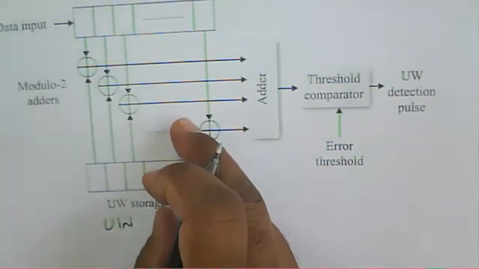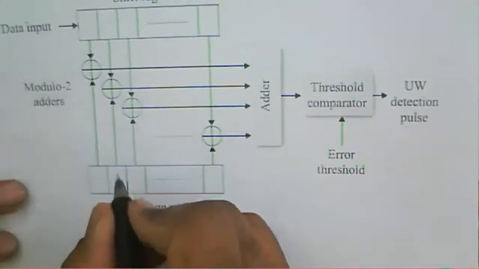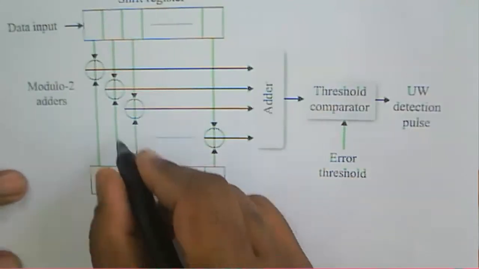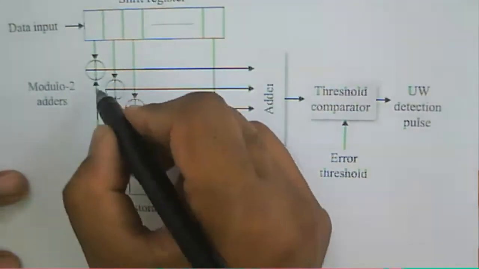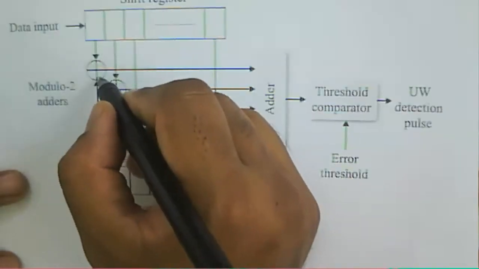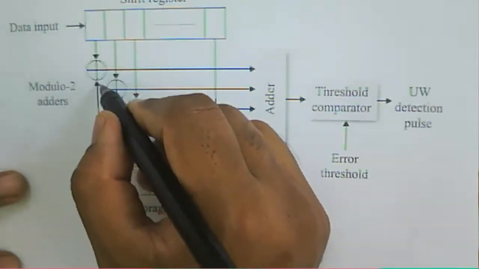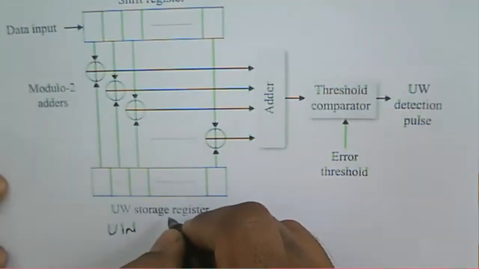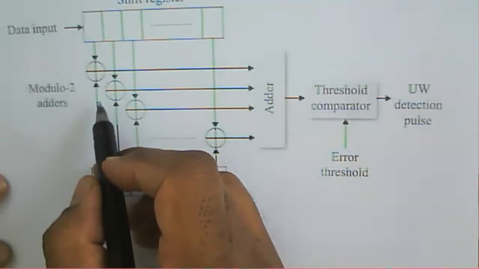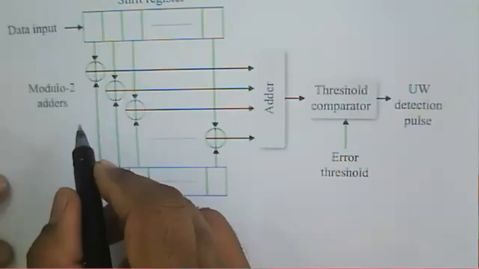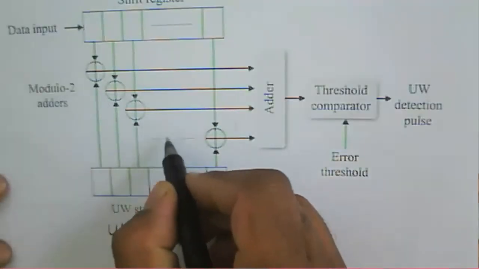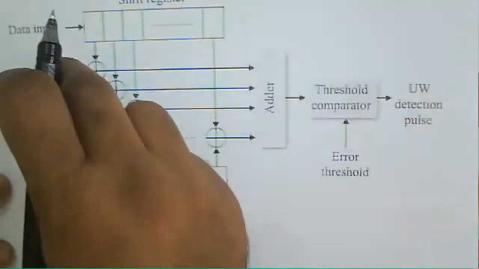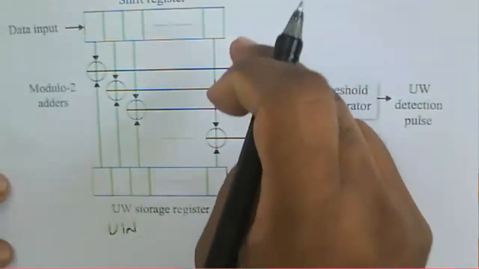And then at each and every clock period, the data bits are compared with the stored bits. This is nothing but comparing with whatever the unique word storage register data. Once it is compared, we get the output that will be given to the adder here.